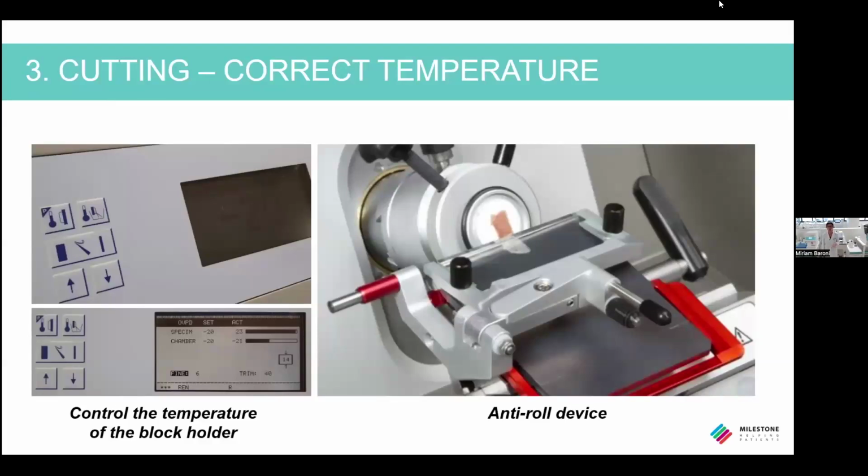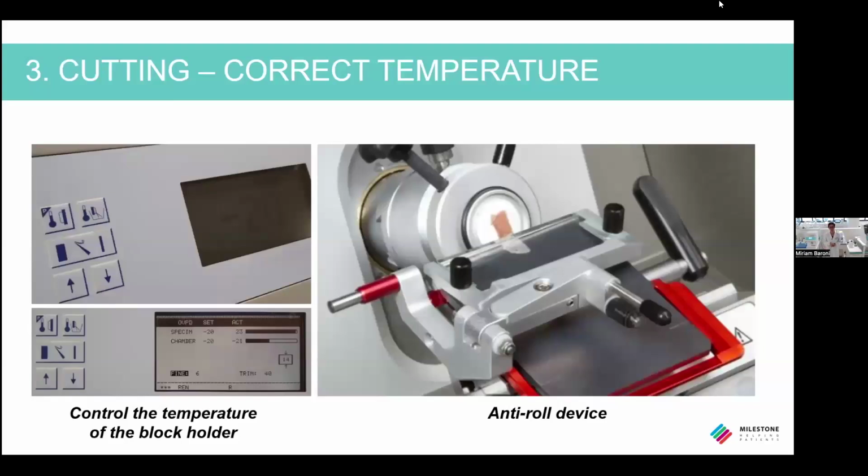In this case, you need to wait for the block to acclimatize a little bit inside the cryostat. In addition, there is the anti-roll device that helps in stretching the section without the use of the brush. But this tool can't prevent the curling if the tissue is not correctly bonded to the surrounding medium.